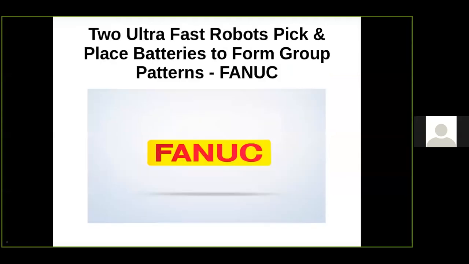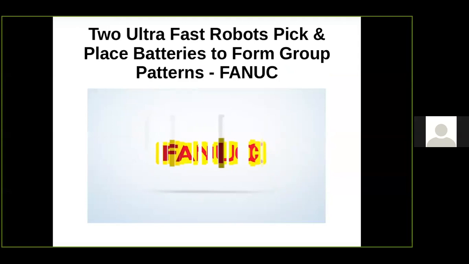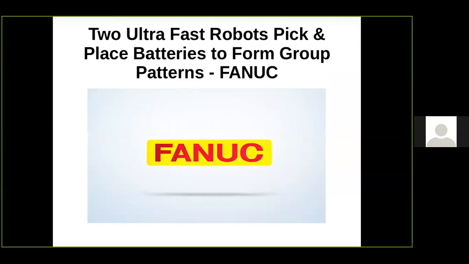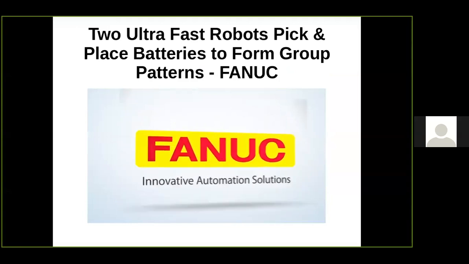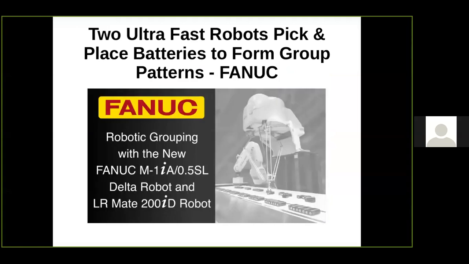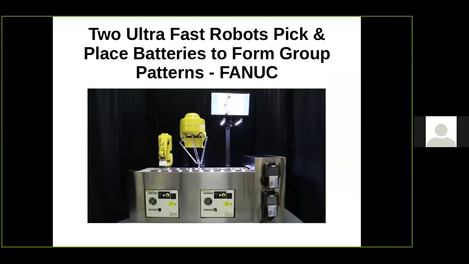Now a serial manipulator and a parallel manipulator will be used together to pick up and place batteries in a battery manufacturing plant. In an assembly line, a parallel manipulator and a serial manipulator can be used together.